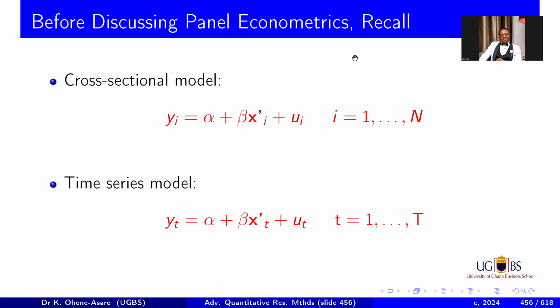Okay. What makes this one time series? It's time series because when you look at, for example, the dependent variable y_t, the t is indicating time, and all of the other variables on the right hand side also have the t indicating time.